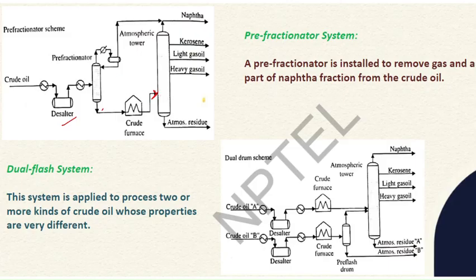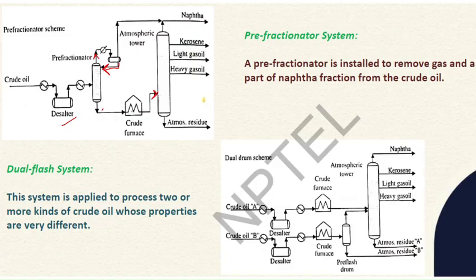But the lighter cuts are taken up from the top portion of the pre-fractionator, and after passing through this condenser, some portion of these lighter cuts is introduced as reflux into the pre-fractionator.